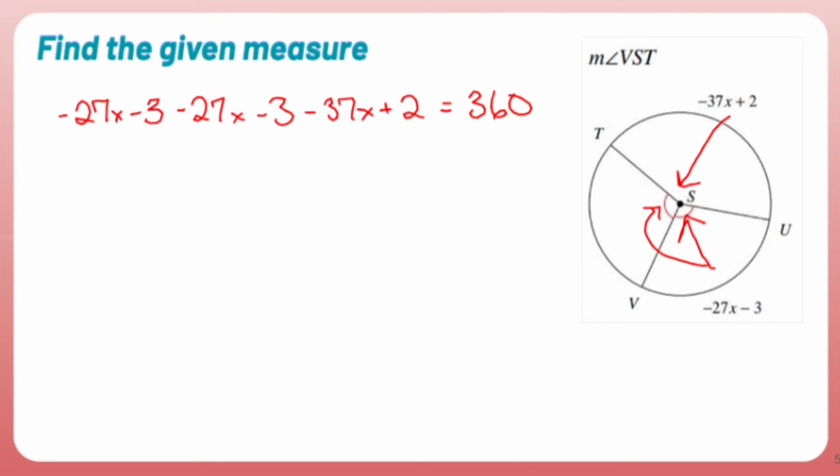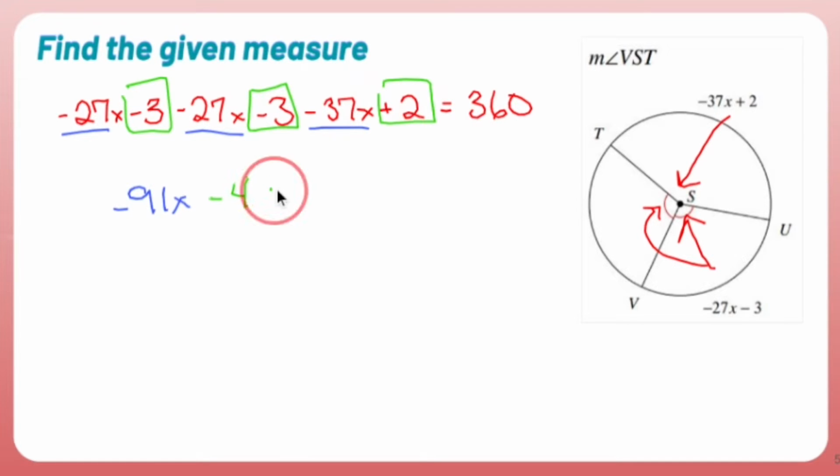Okay? Now let's combine like terms. Negative 27 minus 27 minus 37 is negative 91, so negative 91x. Negative 3 minus 3 is negative 6, plus 2 is negative 4, so minus 4 equals 360 degrees.